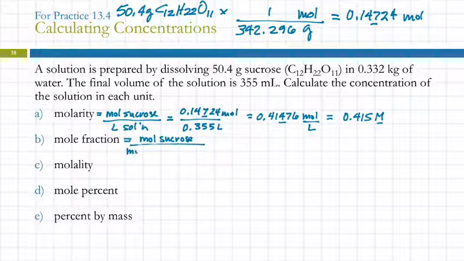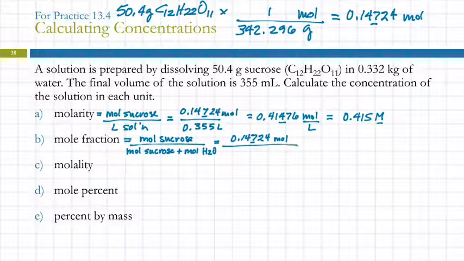So that's moles of sucrose plus the solvent, moles of water, right? So we calculated the moles of sucrose, so we can put that in there. 0.14724 moles. And then in the denominator, we've got that plus the moles of water.